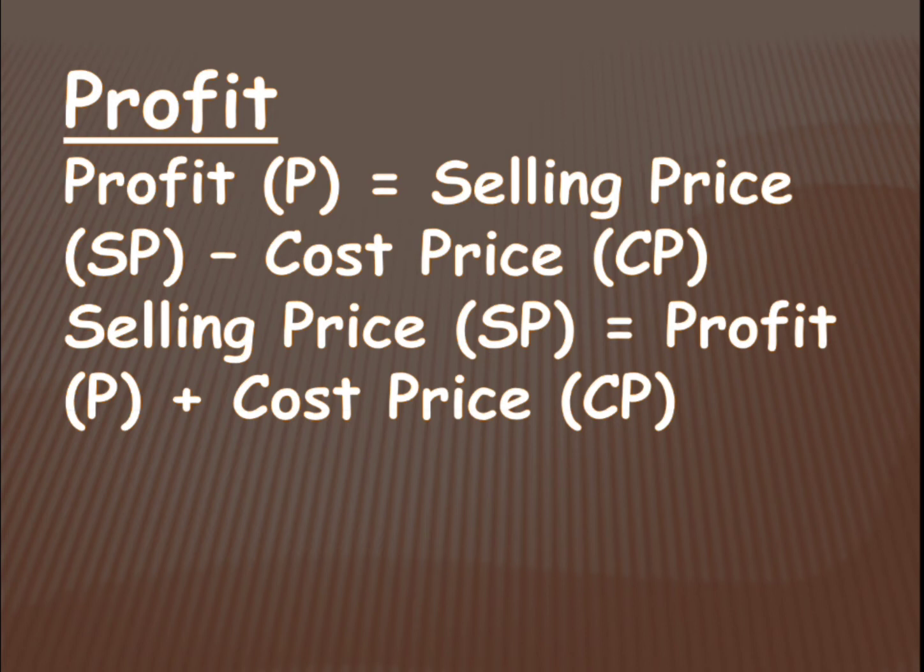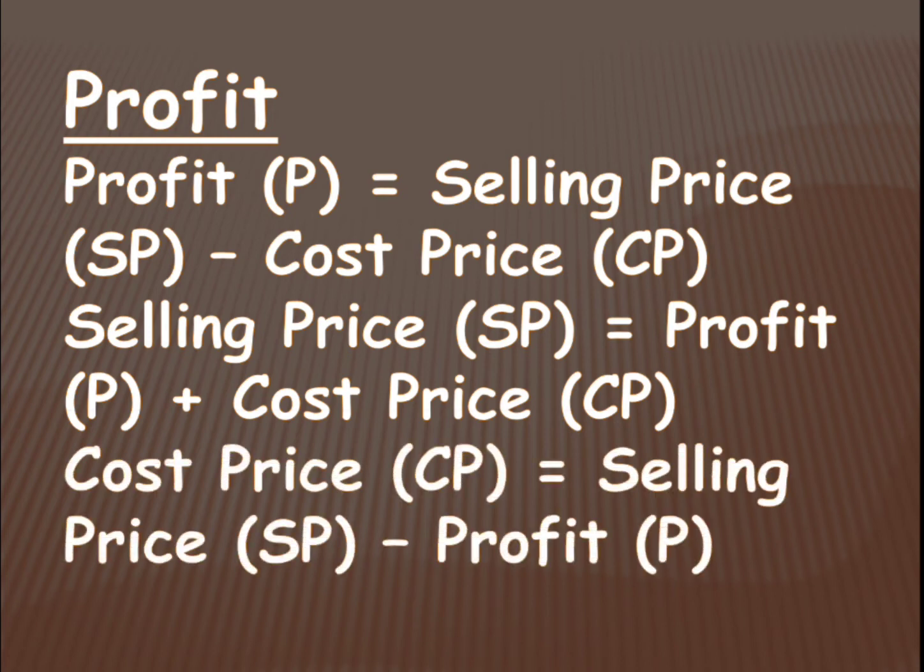Suppose they have given selling price and profit, and you have to find the cost price, then cost price is equal to selling price minus profit. Do remember these formulas, children. It will be useful to do the sums easily.